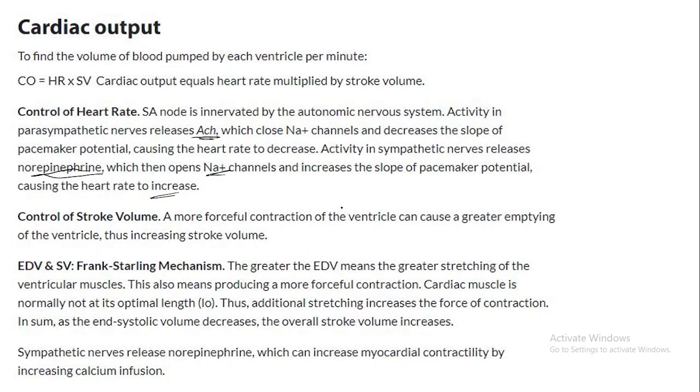Cardiac muscle is normally not at its optimal length. Thus, additional stretching increases the force of contraction. As the end systolic volume decreases, the overall stroke volume increases. Sympathetic nerves release norepinephrine, which can increase myocardial contractility by increasing calcium influx.